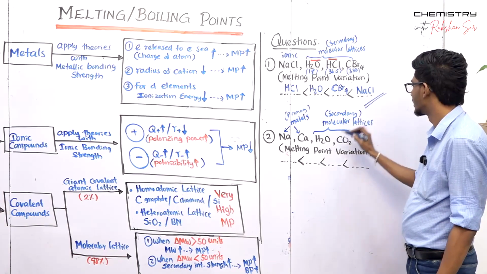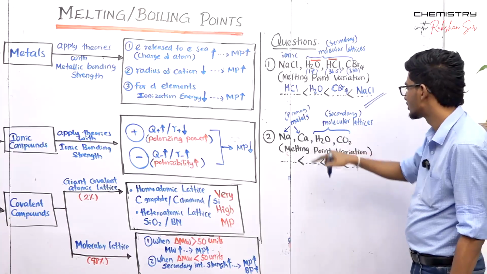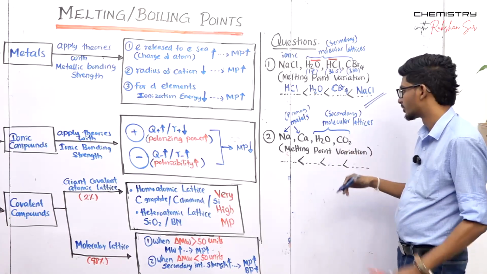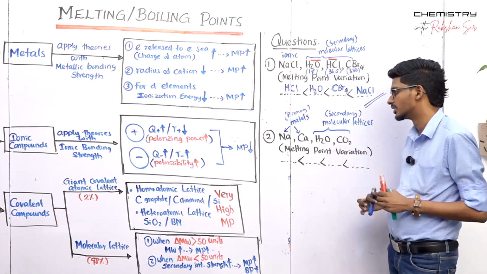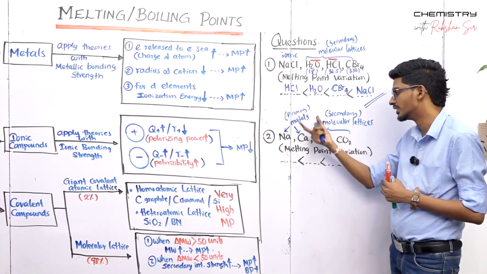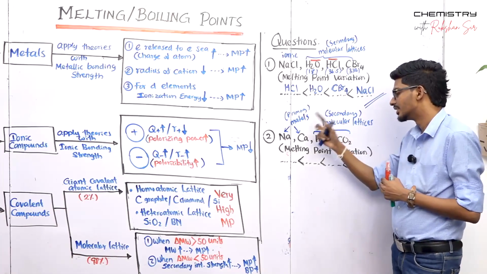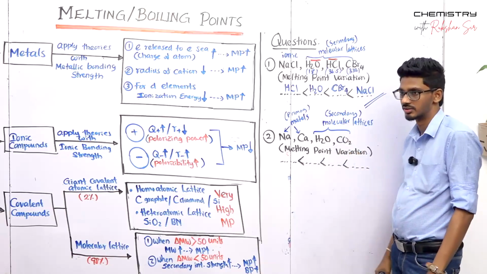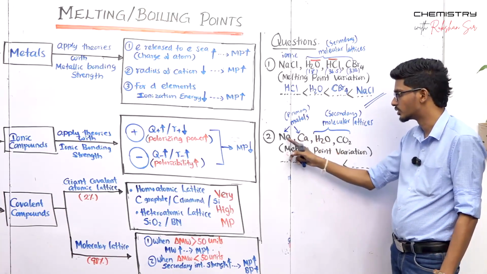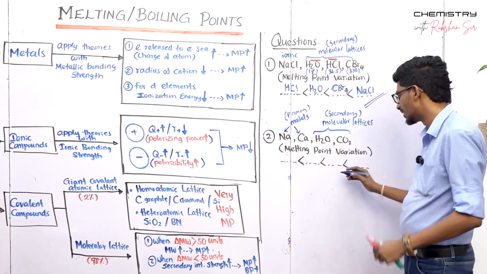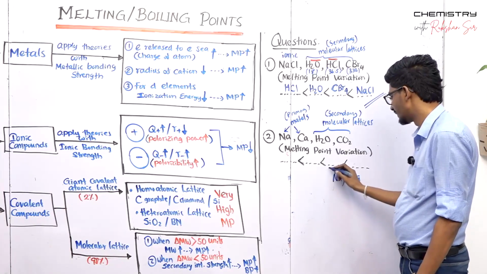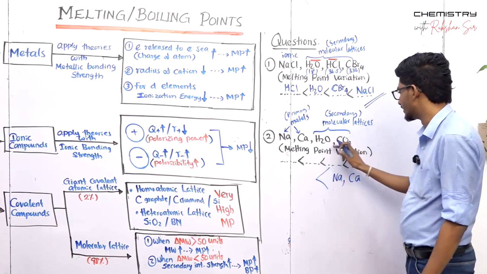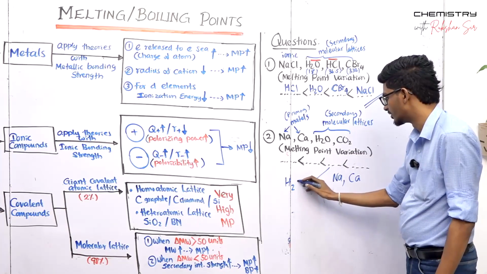Primary interactions are normally stronger than secondary interactions, so you need greater heat to put the particles apart. So sodium and calcium should come first, then H2O and CO2. That is the first suggestion.